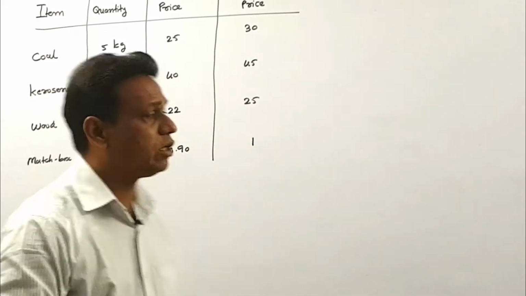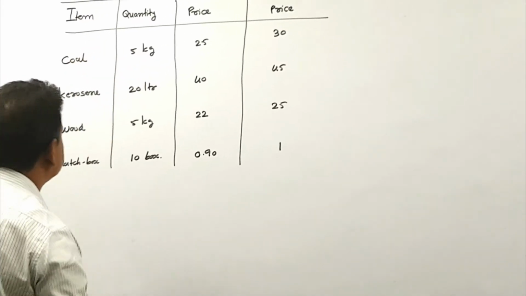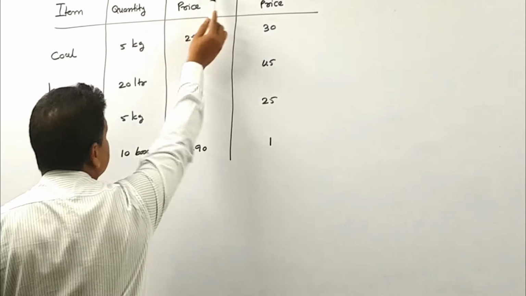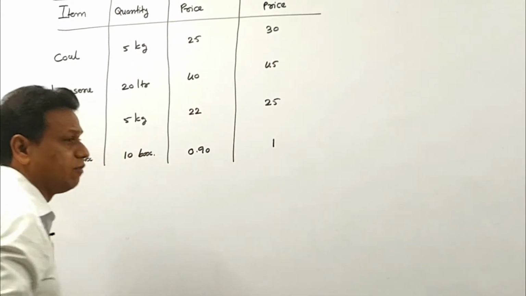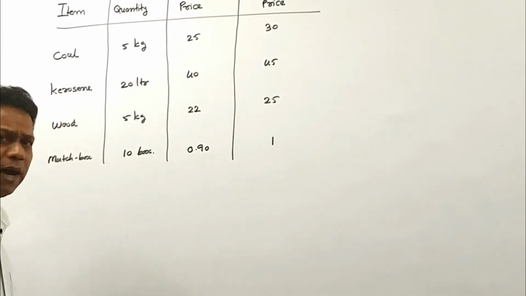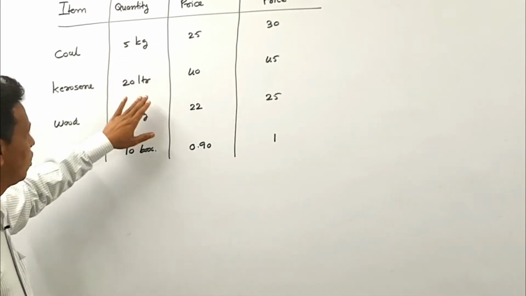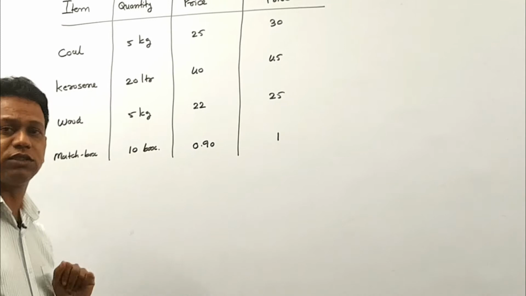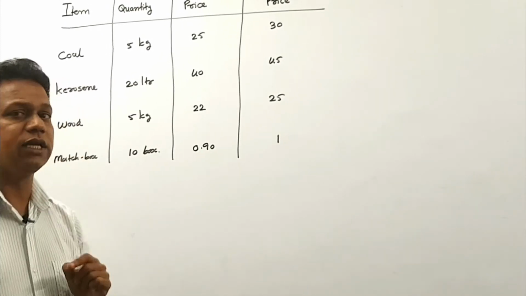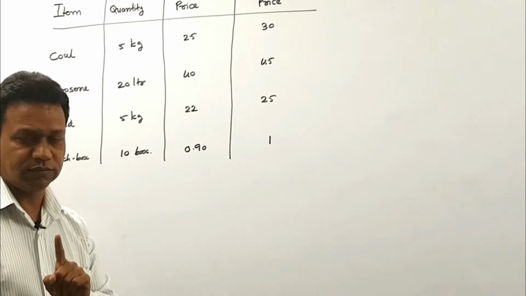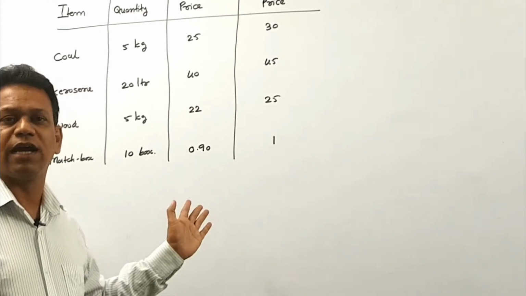I mentioned the question on the board. This is my question. Items are available about the fuels, the base year is available and the current year is available. My dear friends, they are using here measures of units: kilogram, liter, kilogram and boxes. But the important thing is that if there is no separate column of unit, we don't have any kind of tension.